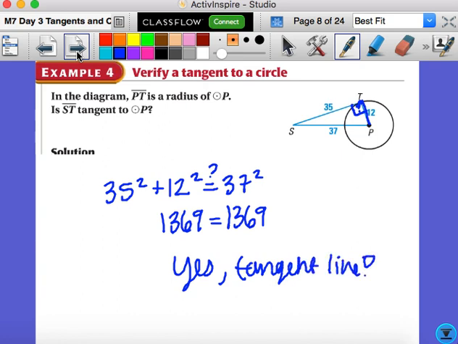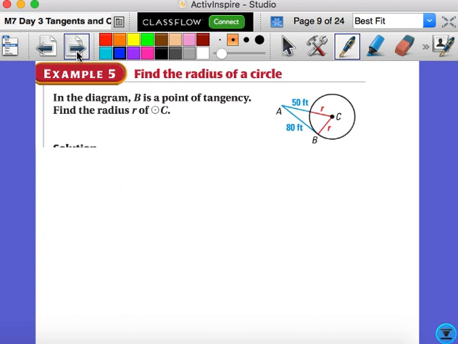If those came out to be different numbers, we know that that's not a right triangle, so it would not be a tangent. So here, it says find the radius if we know we do for sure have a point of tangency. So again, this tangent line here is touching at one place. It's touching that radius. That's where that 90-degree angle is happening.